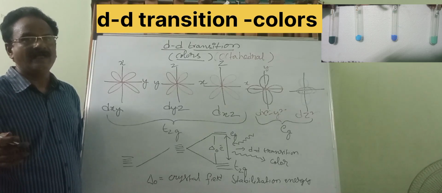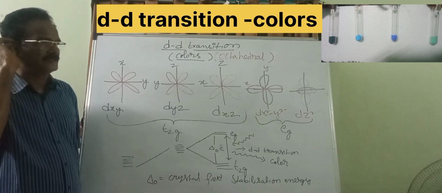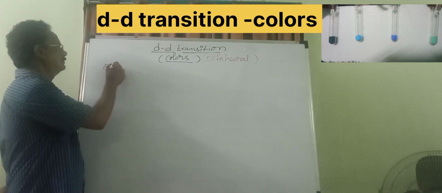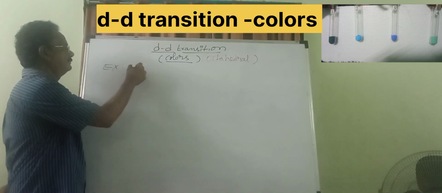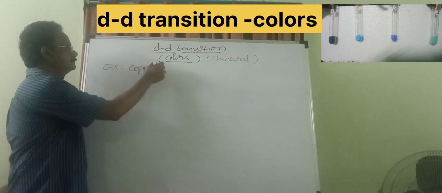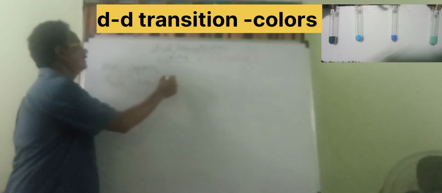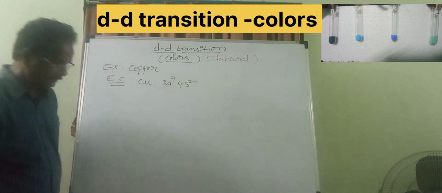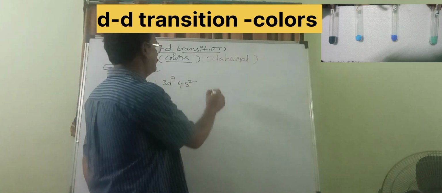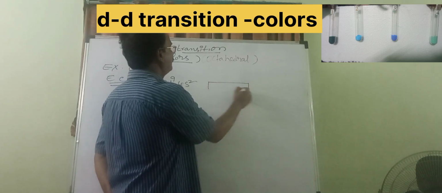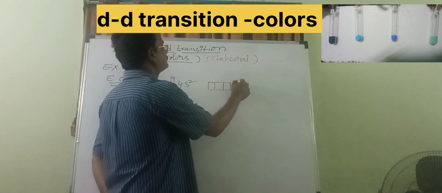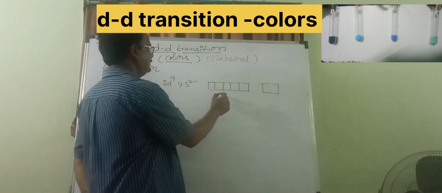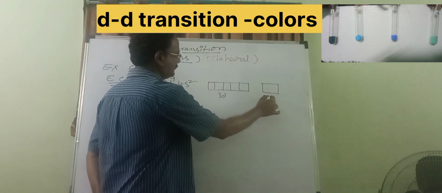So here I am showing the colors of the copper compounds. Example I am taking is copper. You know that the configuration of copper is 3d9 4s2. Okay. So if you write this in box model, these are 5 d orbitals and this is s orbital. This is 3d orbital, this is 4s orbital.